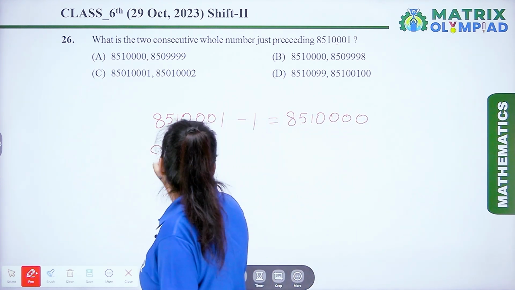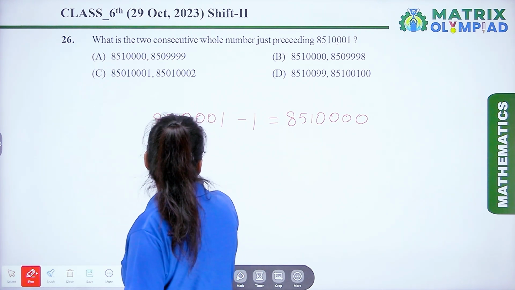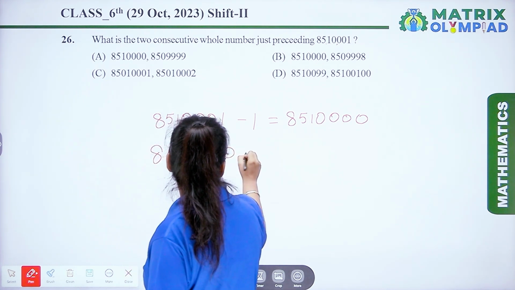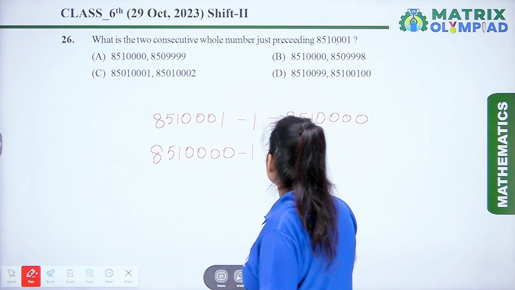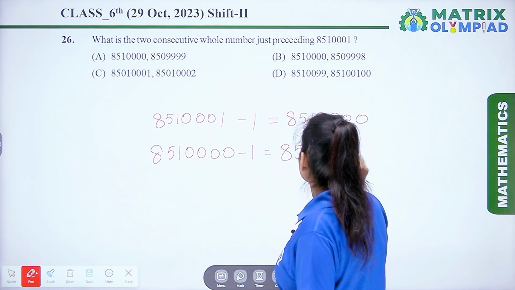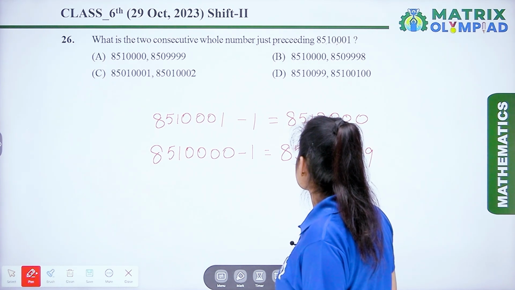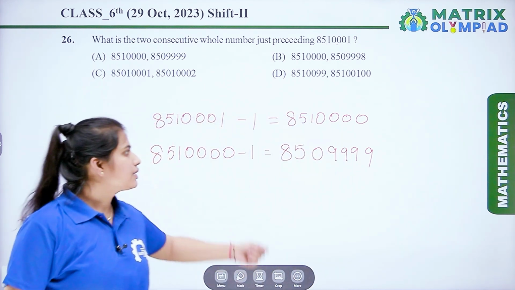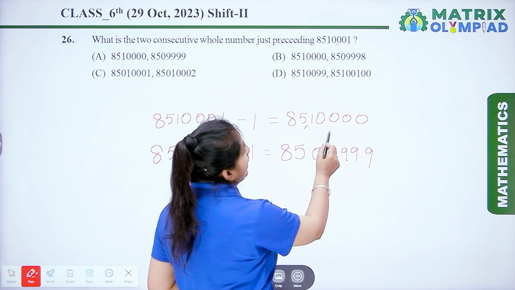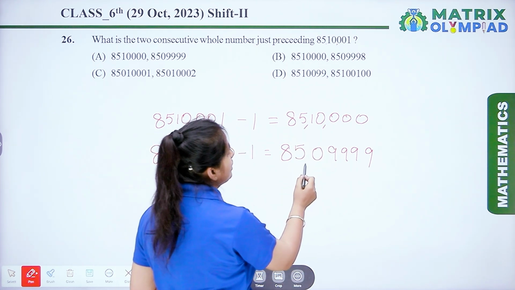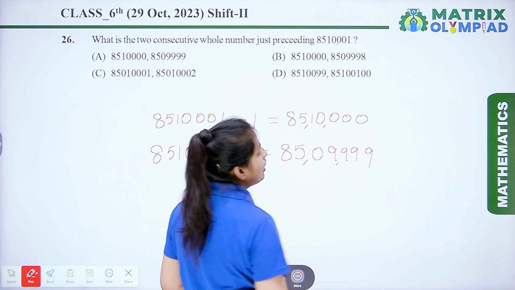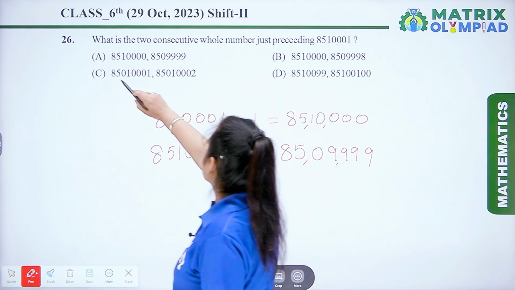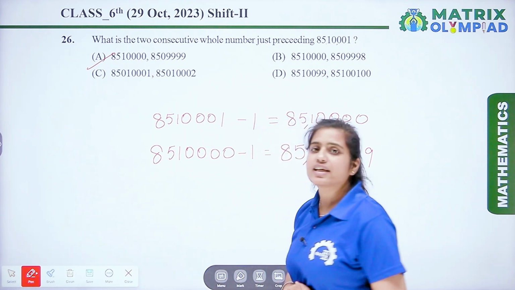And the next number, when we subtract 1 from 85,10,000, is 85,09,999. So the two preceding numbers are 85,10,000 and 85,09,999. These two numbers are in option A. So option A is the correct answer.